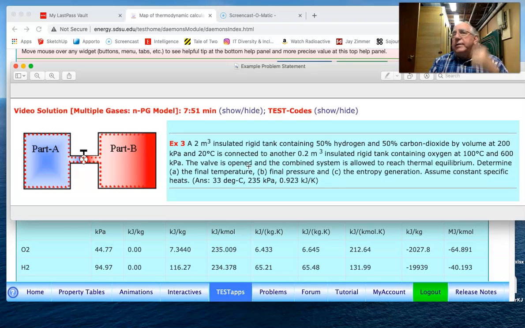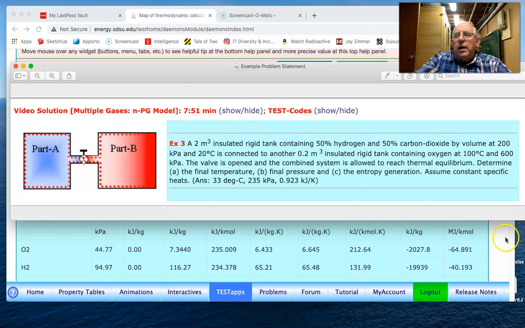The conservation of mass is already solved because we made it solved, and then the accounting of entropy was also used to determine the entropy generation associated with the irreversibility of this mixing process. And that finishes up this one and allows us to see that we could use that particular application to define our mixtures and also to perform our processes.